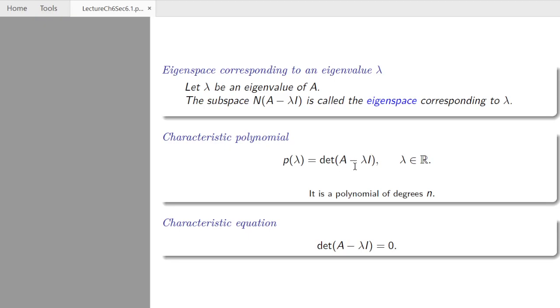Now, this matrix contains n lambdas on the main diagonal. From that, we can say this determinant is a polynomial with respect to lambda, of degree n.